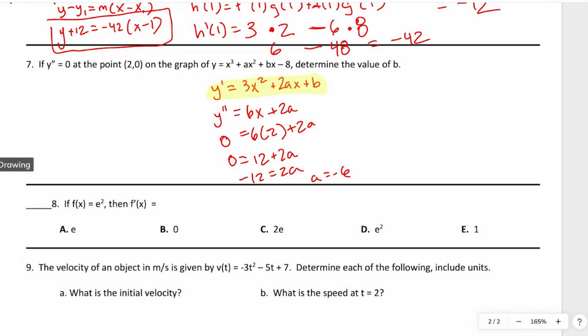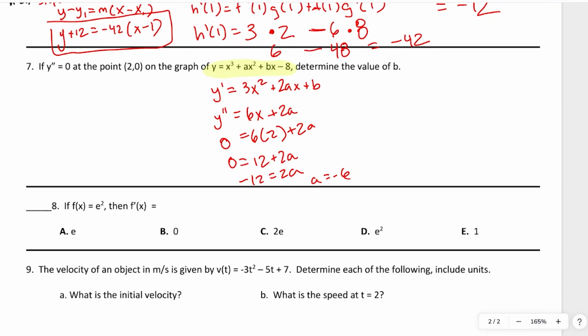Or no, not that one. We don't want that one. We want the original one. Because we know that 2 comma 0 is a point on that graph. So this has got to be a solution to this equation. So if we plug in 2 for x, 0 for y, and now we've got a, we can use all that to find b.